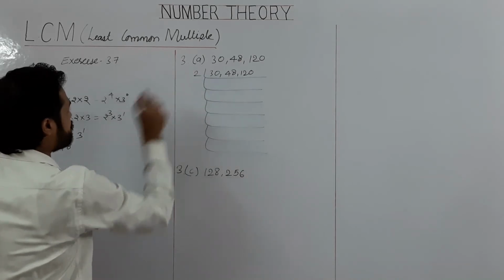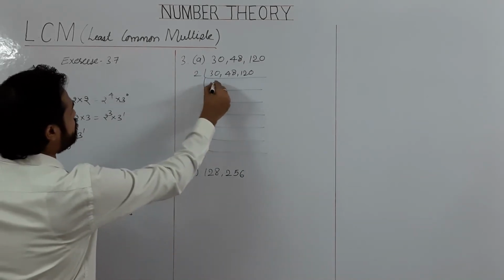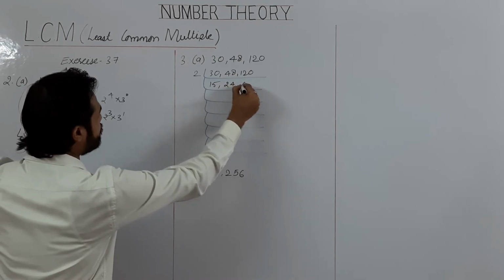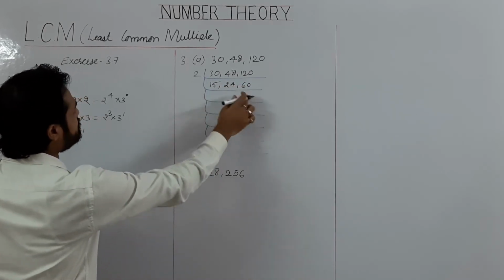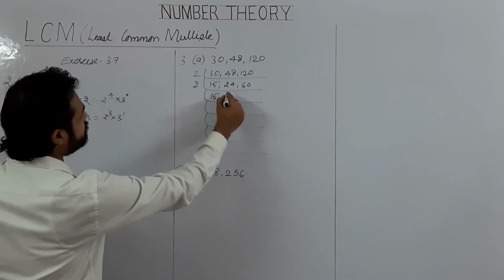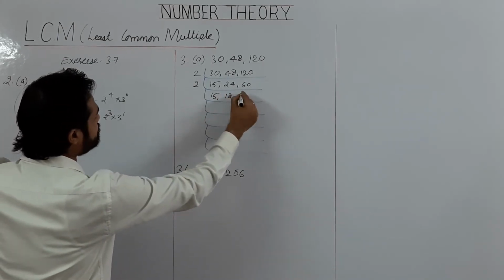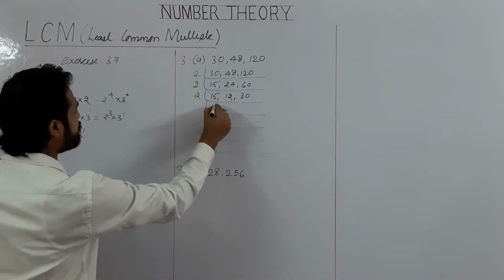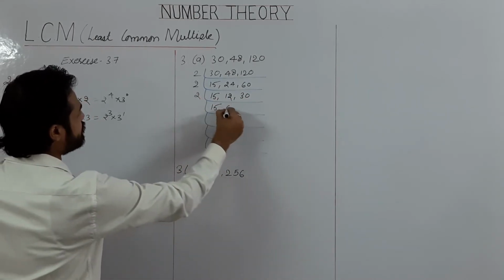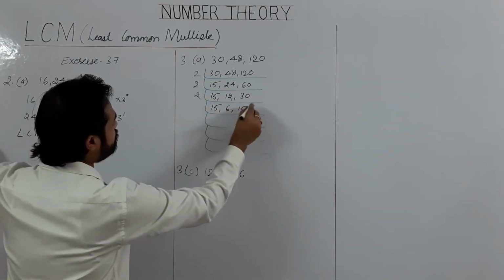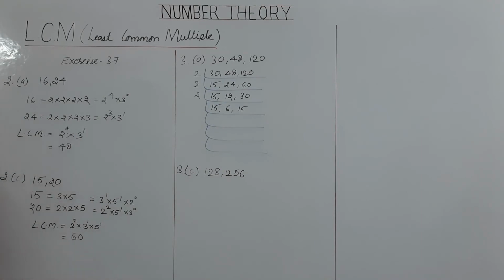So we'll start with 2: 15, 48 by 2 is 24, and 60. Again these two numbers are even. Write 15 as it is, 12 and half of 60, 30. Again these two numbers are even numbers. 15 as it is, 12 by 2 is 6, 30 by 2 is 15.